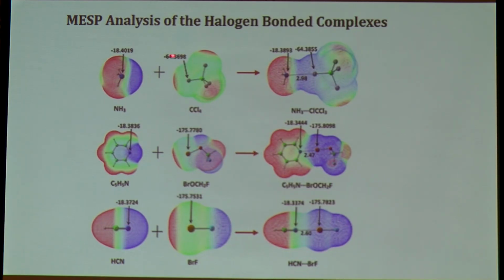Here what I have shown is the changes in the nuclear potential, with pyridine interacting with another molecular system, BrOCH2F. See, this region is electron deficient, whereas this region, the acceptor site, becomes electron rich. The blue is the electron rich region, red is the electron deficient region.